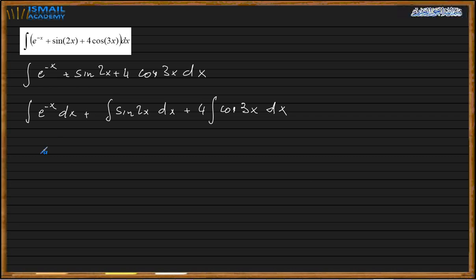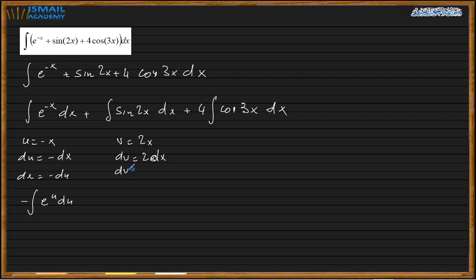So I'm going to use substitution, so u equal minus x, so du equal minus dx, which means that dx equal minus du. So it's the same thing as having e to the u and we have minus du. Here the substitution will be v equal 2x, so dv will be 2 dx.